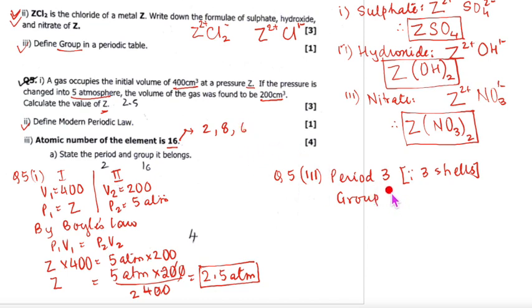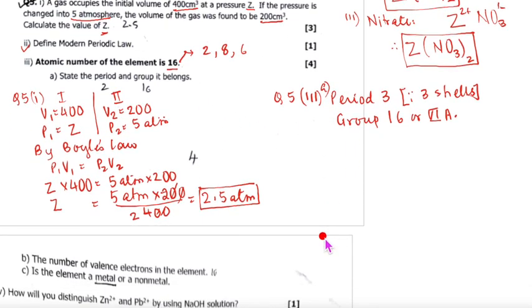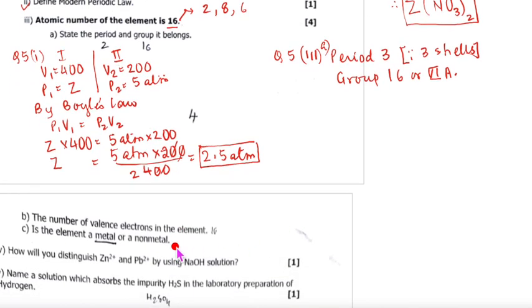So it will be group 16 or 6A. Okay, so this is your A part of third part of 5. Now we come to number of valence electrons of the element. So valence electron, how many valence electrons?